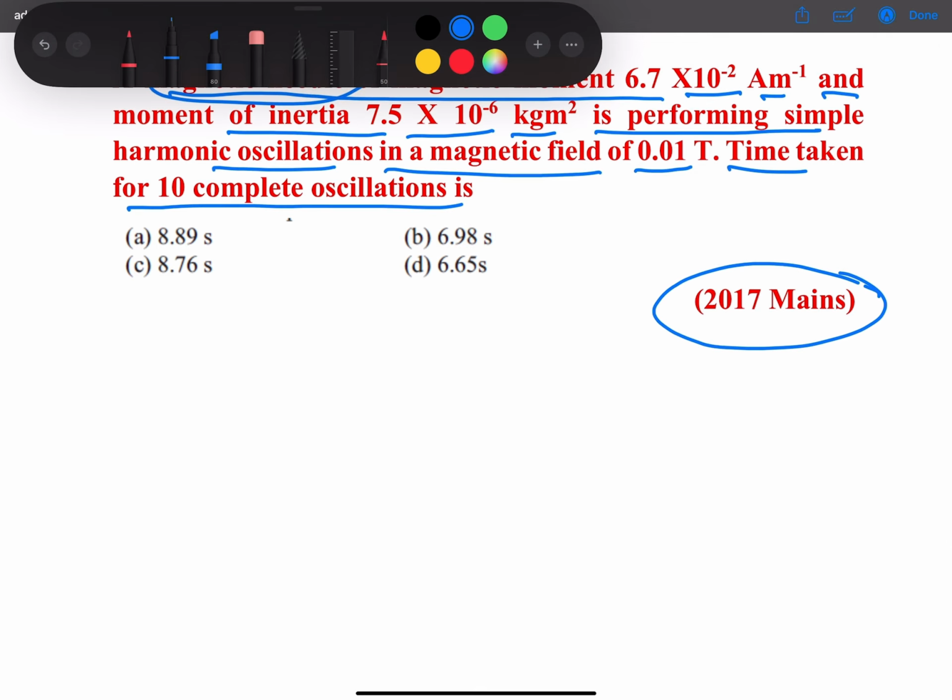So for the case of simple harmonic motion, the magnetic needle in the uniform magnetic field will be experiencing some kind of restoring torque when it is displaced from its equilibrium position, and this torque is going to result in the oscillation, which we can call simple harmonic, and the displacement from the equilibrium position has to be very small.